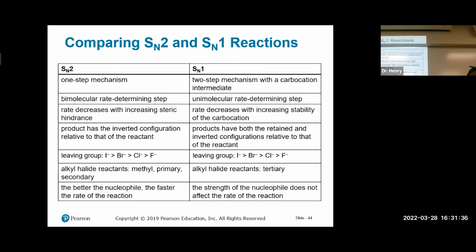SN2 is going to have a bimolecular rate-determining step, and SN1 is going to have a unimolecular rate-determining step. The rate is going to decrease with increasing steric hindrance. The rate is going to decrease with increasing stability of the carbocation.